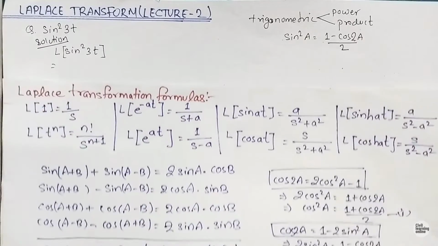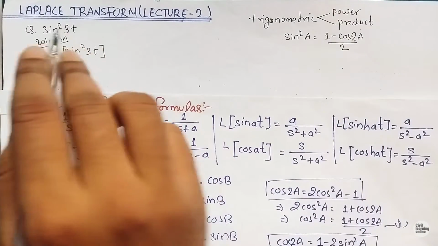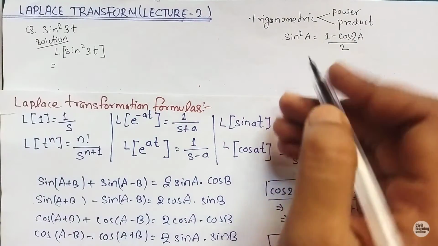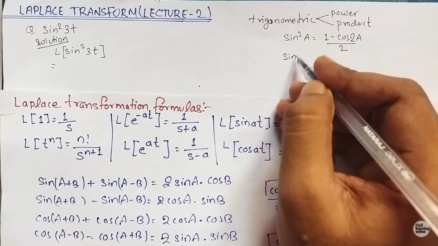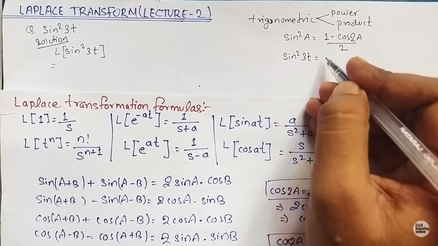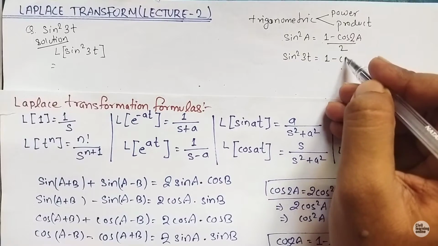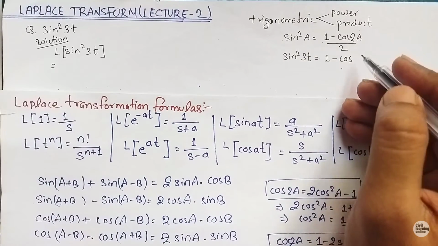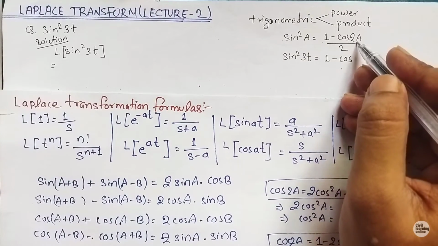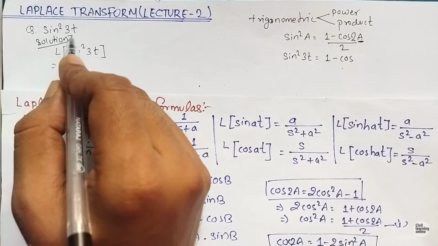So I am going to use this formula. For sine square 3t we will have (1 minus cos 2 times 3t, that is 6t) upon 2, in place of a we have 3t.